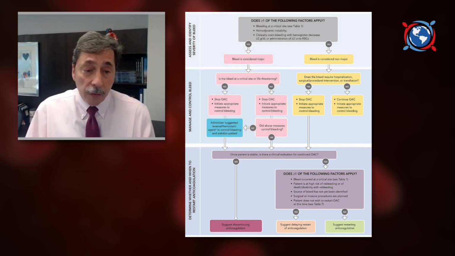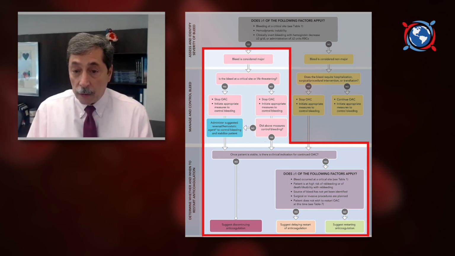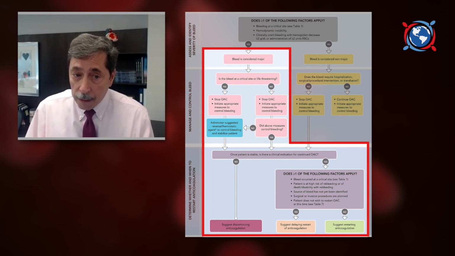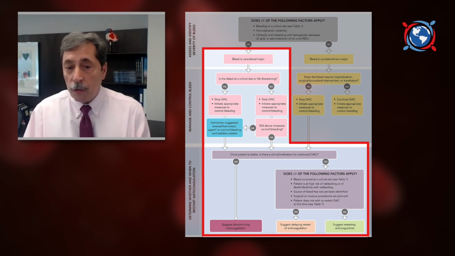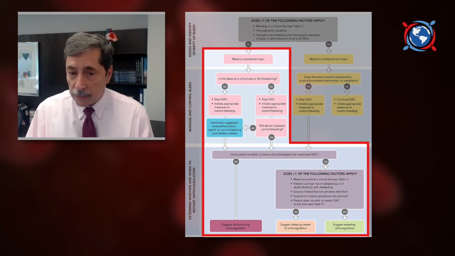On the other side of this diagram is if the bleed is considered major. Invariably, under these circumstances, anticoagulation is interrupted or permanently terminated, depending upon the ability to acutely control bleeding and the risk of continued bleeding. The ability to acutely control bleeding drives decisions about reversal strategies using either blood products, vitamin K, or specific reversal agents.